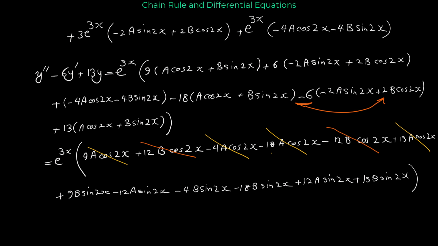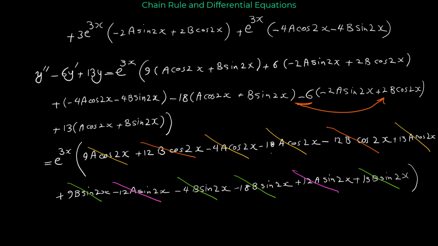Now look at the sine terms. 9b sine 2x minus 4b is 5. 5 minus 18 is negative 13, plus 13, they cancel each other. And finally, negative 12a sine 2x plus 12a sine 2x is 0.